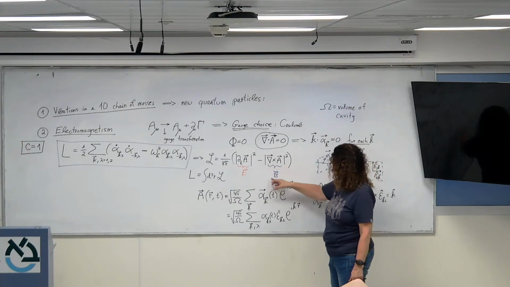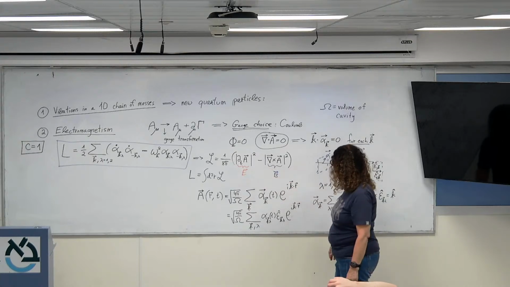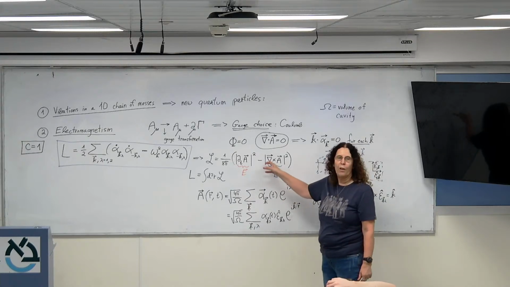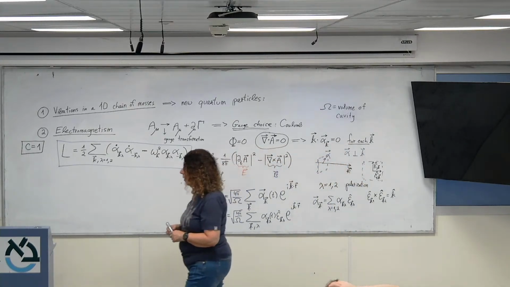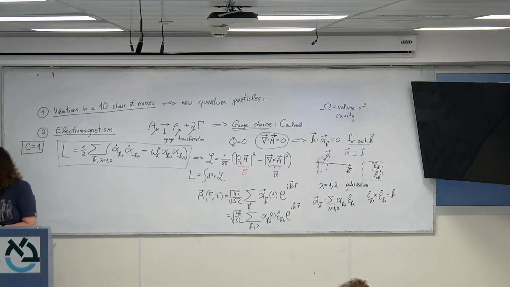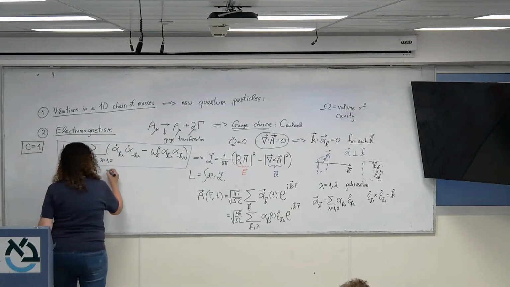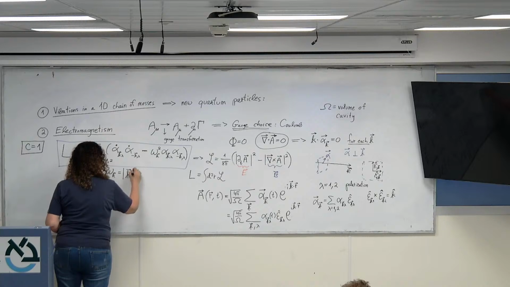Because if I plug it in here, in Fourier space it becomes a factor of k, but it's squared. So this is just a fancy way of saying that omega k is the absolute value of k.